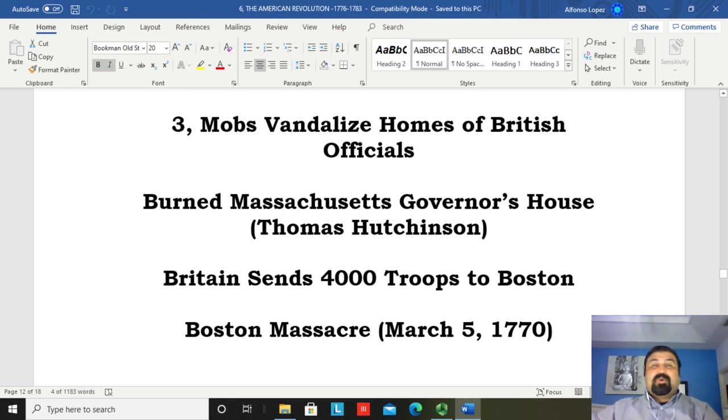So when they saw, for example, a British tax collector, a customs official in the port of Boston, those British officials were going to be harassed. There will be large mobs, as they were called. A mob is simply a group of people that are angry.